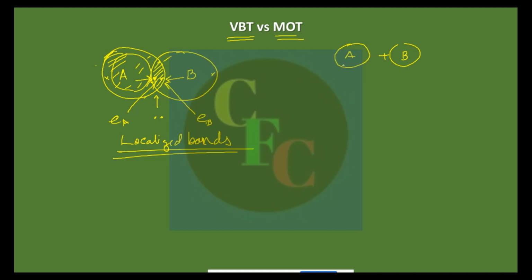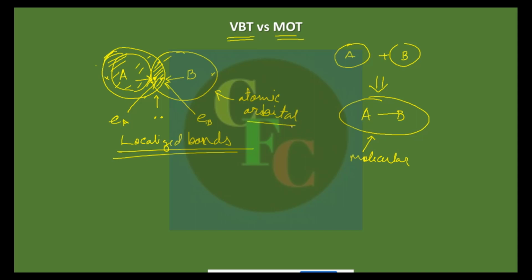In MO theory the basic difference is that whenever A and B combine with their orbitals, they have their individuality, but when they combine together to form, say, AB, they lose their individuality. They form a molecule, and they form new orbitals which we call molecular orbitals. These were atomic orbitals, the 1s, 2s, 2p and so on, whose shapes we already discussed in the previous lecture.